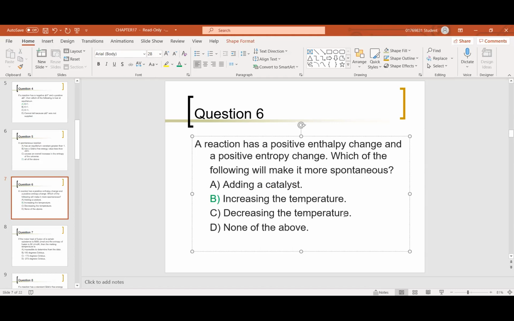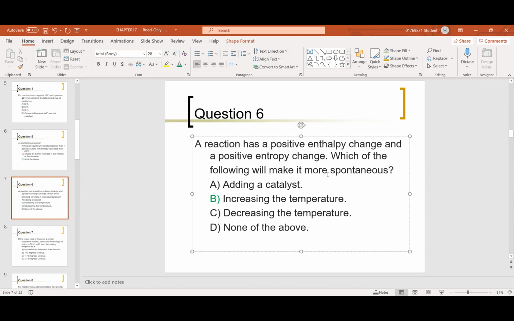If I'm looking at that little table correctly, spontaneous at high, non-spontaneous at low temperature. Huh? Non-spontaneous at low, so would it be decreasing it? The reaction has positive enthalpy change and positive entropy. Which of the following will make it more spontaneous? So if you wanted to make it spontaneous when it was non-spontaneous, what would you do?